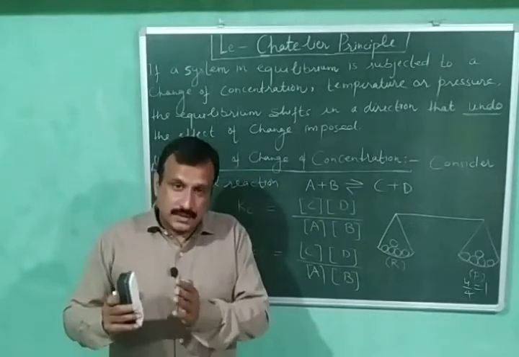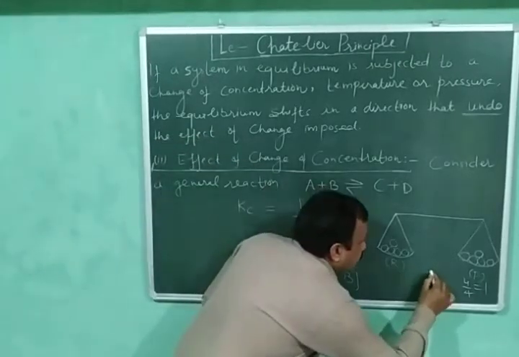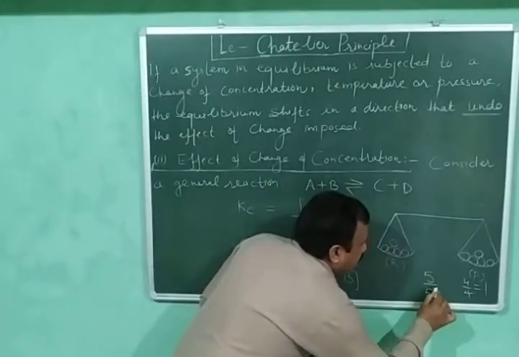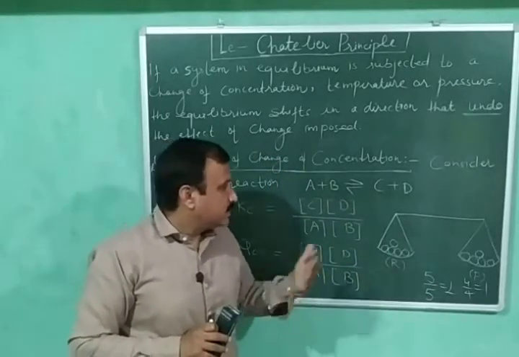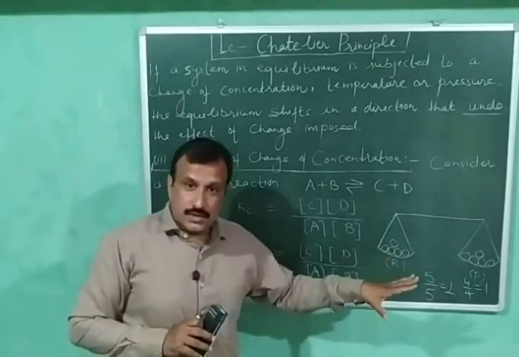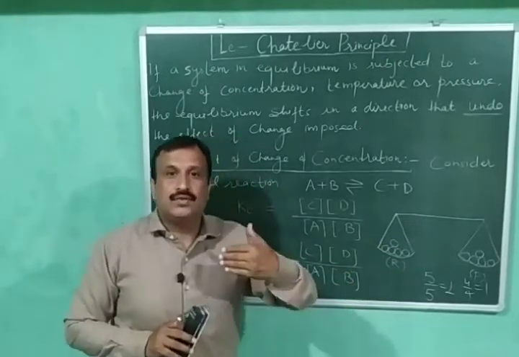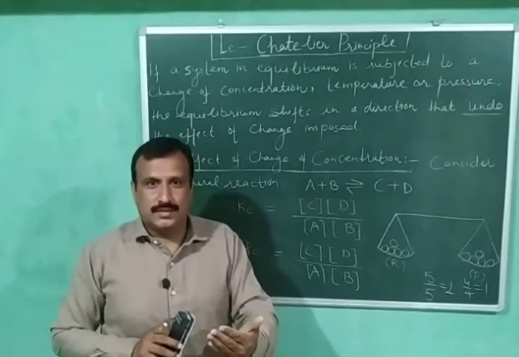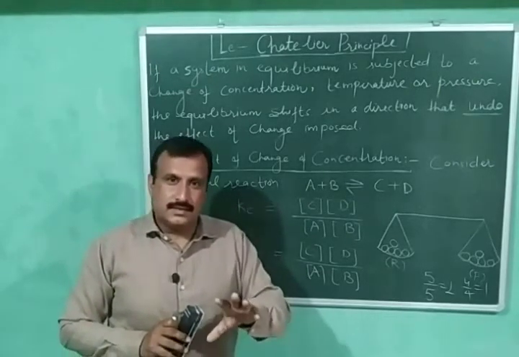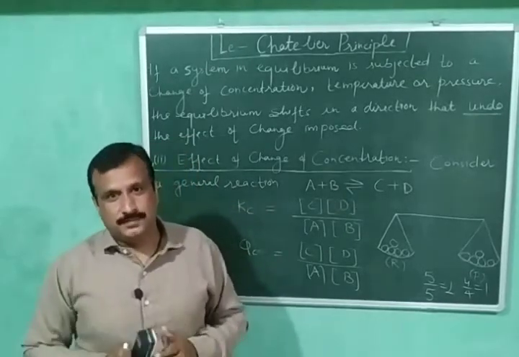And if you see the ratio of these balls, you find it is equal to 5 divided by 5 equal to 1. So we can say that now the balls are not the same. Previously we were having 4 balls in each compartment and now we are having 5 balls in each compartment, but the ratio is again equal to 1. That is, the Qc has become equal to Kc. This is what I mean.